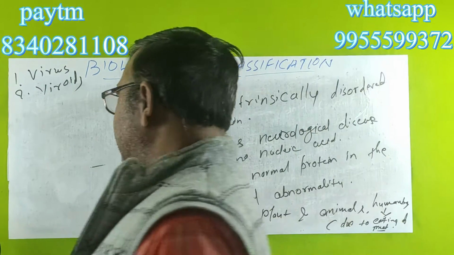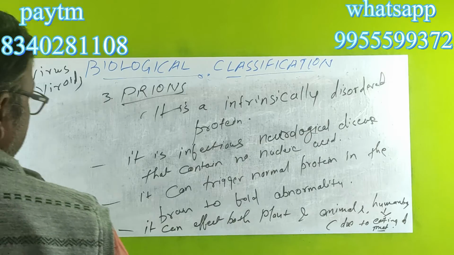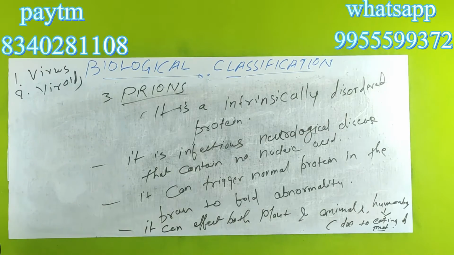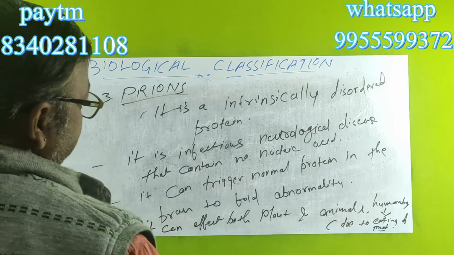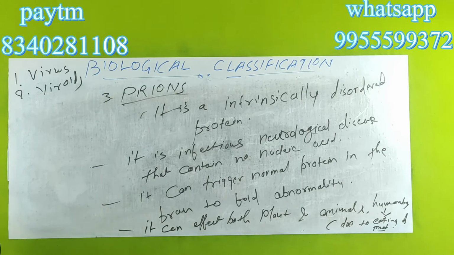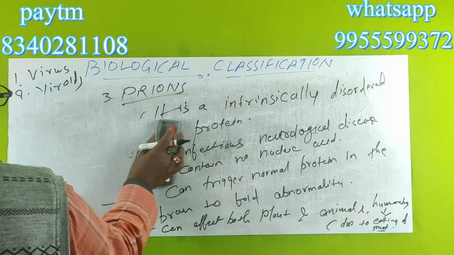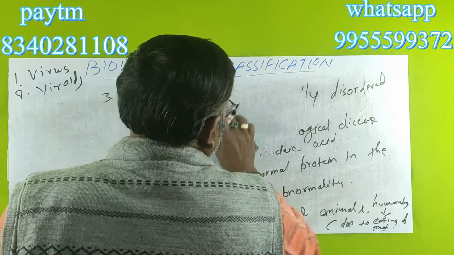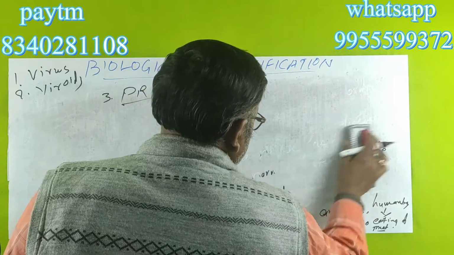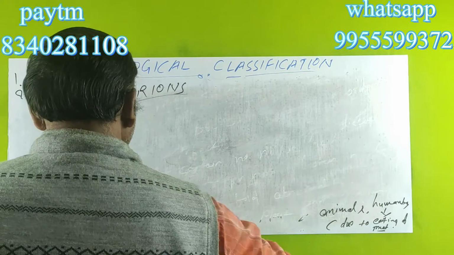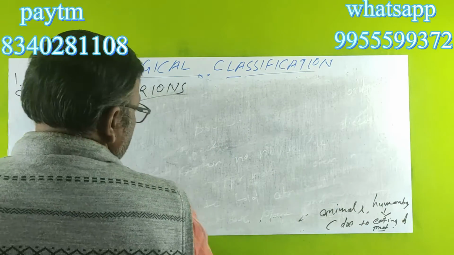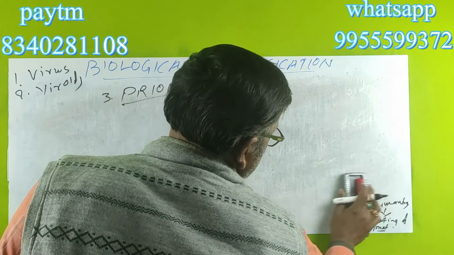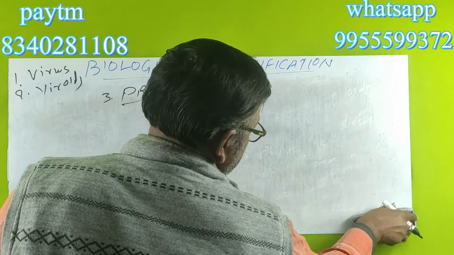So what we find in prions is that it affects both plants and animals and human beings. And humans are generally affected by eating meats, through which prions enter and affect our nervous system. So one should be very careful while eating meat.